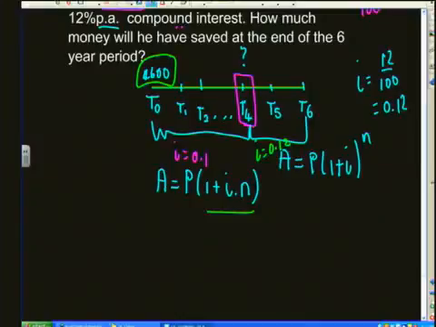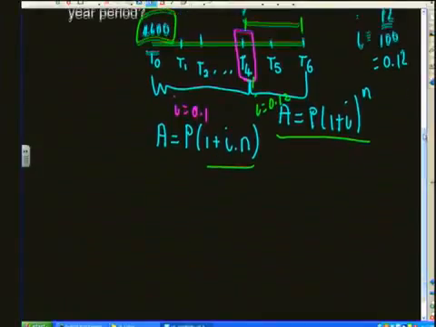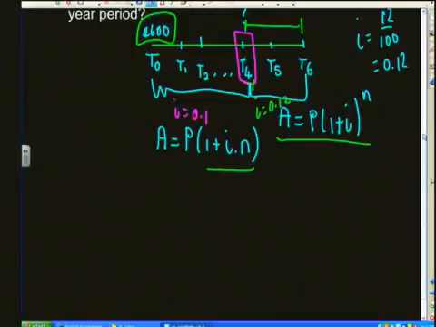At time 4, whatever accumulated amount is in that account is then invested for a further 2 years, and that is at a compound interest of 12%. So let's write all of this down into a solution. All right, so at time 6, at the end of the period, the final amount is going to be equal to the initial amount, which is 4,600.